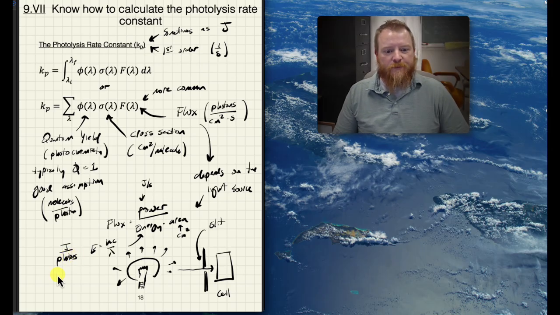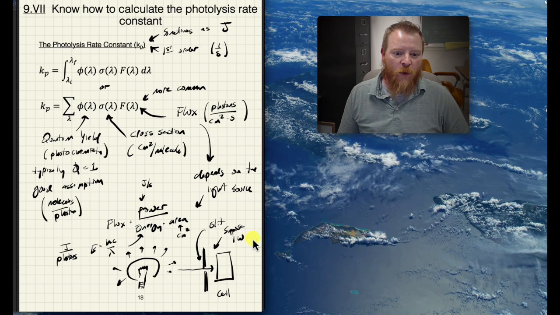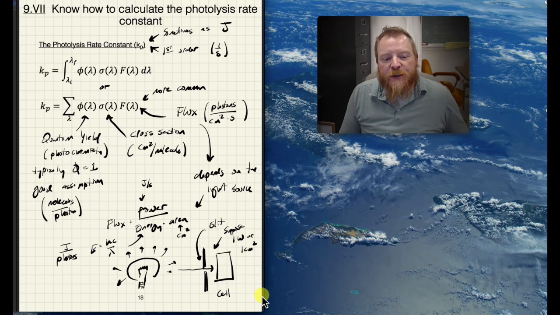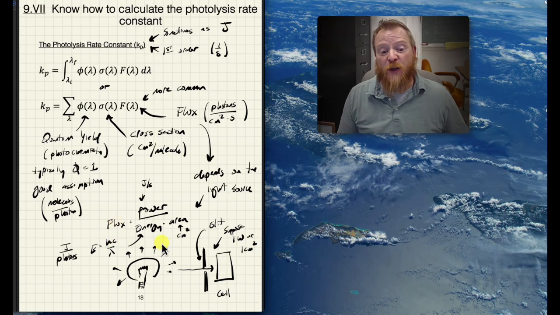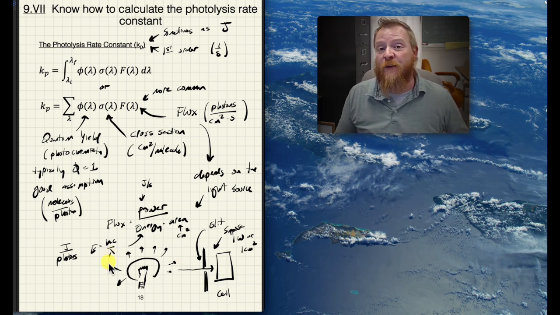So for example, let's suppose you've got a 1 watt area being illuminated over 1 square centimeter. So suppose 1 watt over 1 square centimeter. We could then calculate how much flux there is just with those two numbers and with knowledge of what the wavelength of light is.